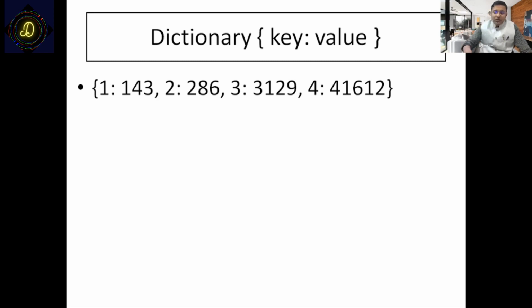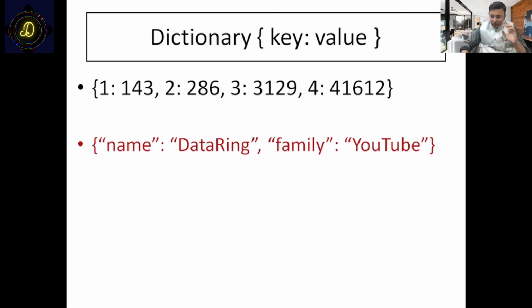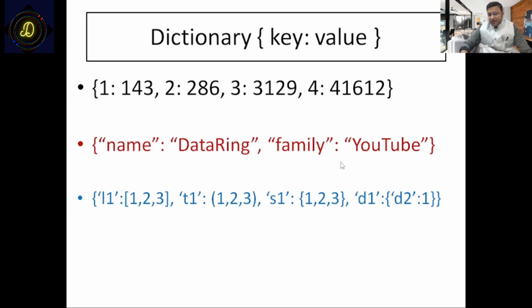Anyhow, 1 is a key, 143 is a value, 286, 2 is a key, 286 is a value, 3 and 3129, 3 is a key, 3129 is a value, like that. Similarly, you can write name is a key, data in is a value, family is a key, YouTube is a value. Like that you can write.